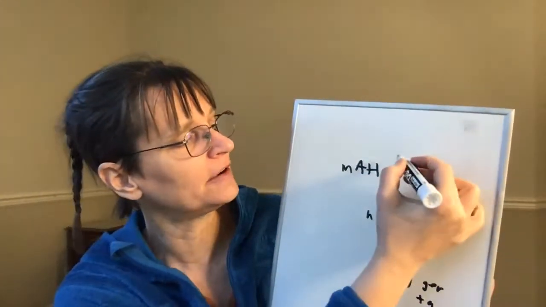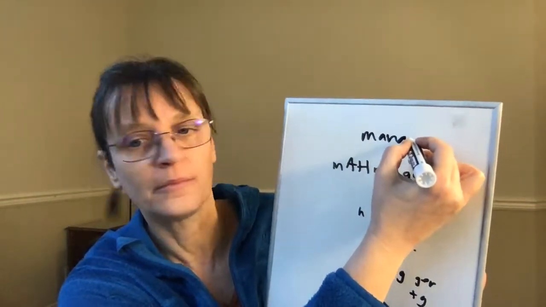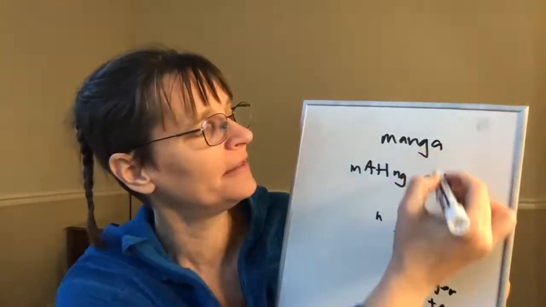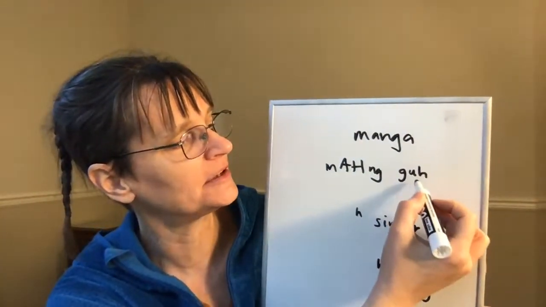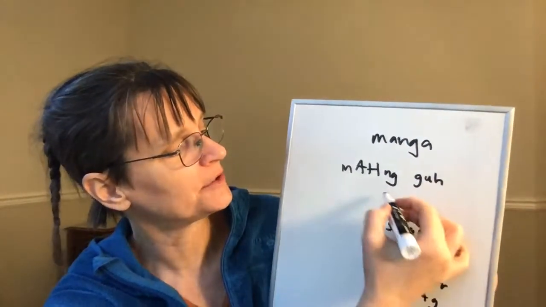And then the letter A, I should write the real word here. How do you spell it? I just looked it up. Oh, manga. The letter A, manga, says the vowel schwa sound. So manga.